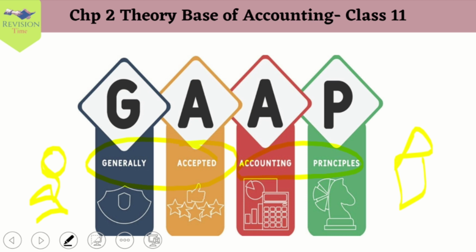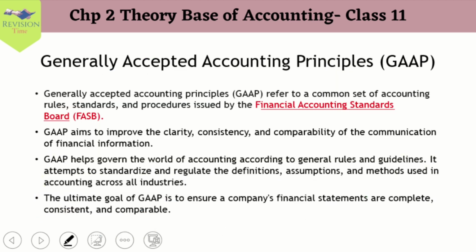The purpose of GAAP is to ensure that the information is transparent and consistent from organization to organization and from one accounting period to another. So in simple terms, GAAP is nothing but some guidelines and rules for preparing the financial statements.